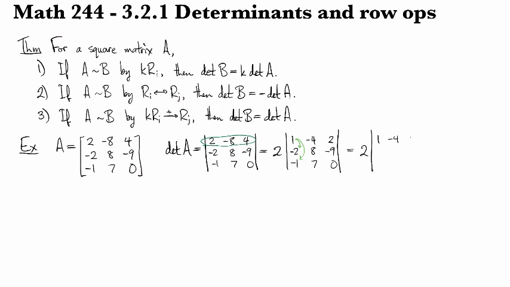So I've got my first row just as usual, and then adding 2 copies of this to the second row, I'll have 0, 0, -5. And adding 1 copy of the first row to the third, I will have 0, 3, 2.